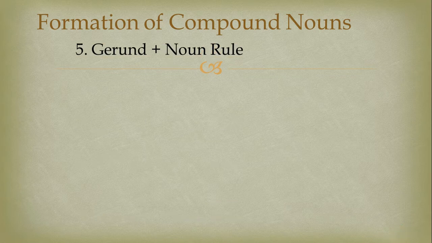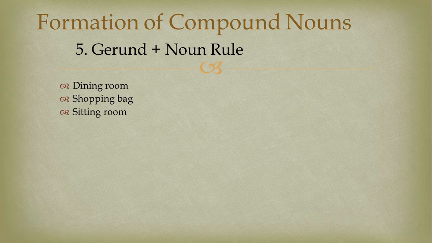Rule number 5, gerund plus noun rule. In this rule, gerund plus noun, we put gerund and then noun, a compound noun is formed. Dining room, dining is a gerund, room is a noun. Shopping bag, shopping is a gerund, bag is a noun.